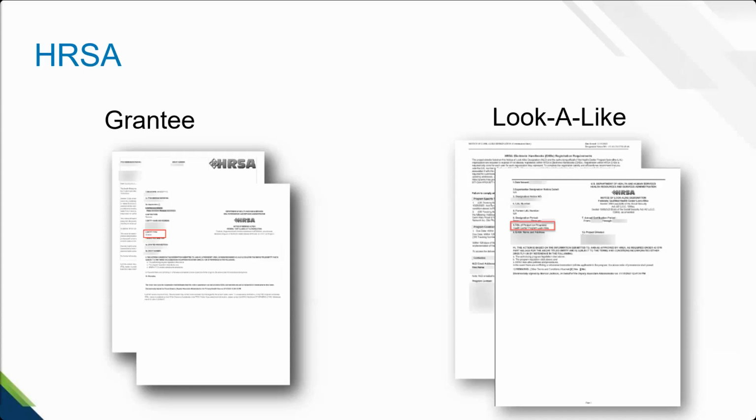A couple of things in general for both grantees and lookalikes. The address on the HRSA has to match the address reported on the CMS 855A. If it doesn't, MACs are going to develop for that. So it needs to match the address in Section 4 of the CMS 855A. We'll talk about that a little bit more in a few minutes.